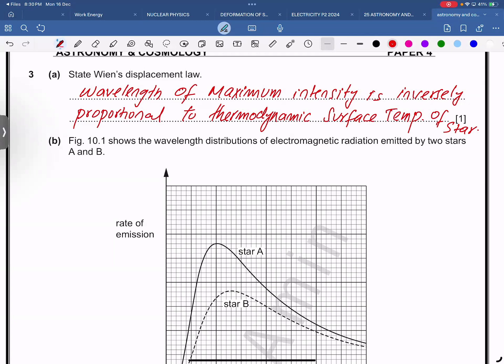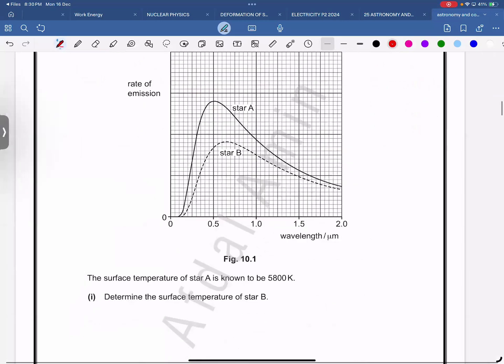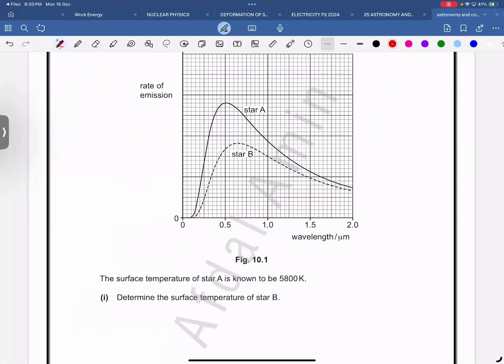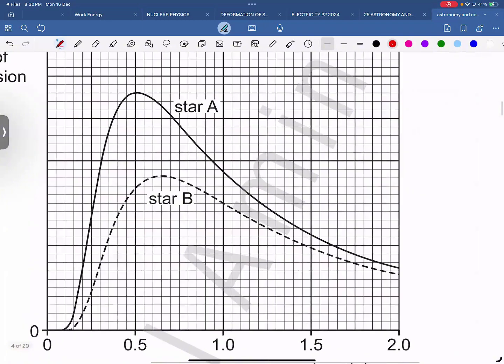Figure 10.1 shows the wavelength distributions of electromagnetic radiation emitted by two stars A and B. The surface temperature of star A is 5800. Determine the surface temperature of B. Before you find it, you need to know their wavelengths at peaks.